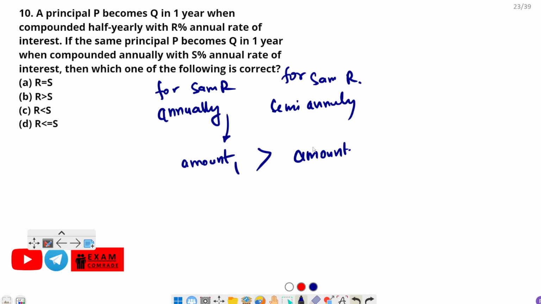In the question, the amount is given as same, so the R for annually should be greater than that of semi-annually. So S is greater than R.